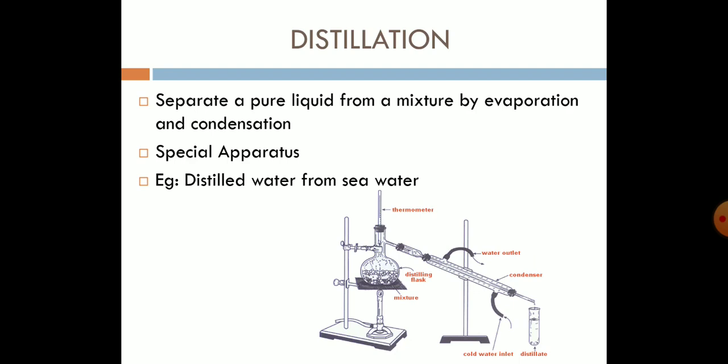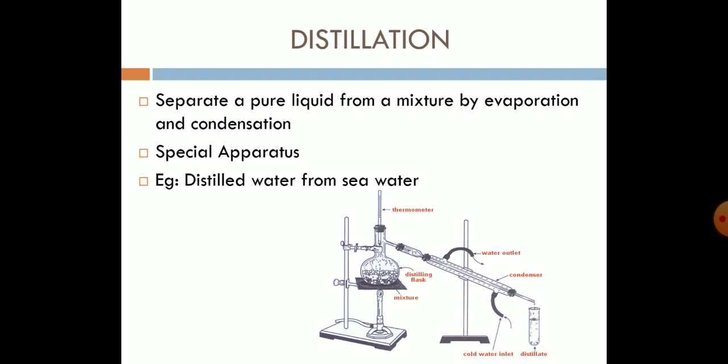Because distilled water will not have any salts, while our normal water, rainwater or river water, will have salts present. We remove the salts through distillation and get only the water. That is why it is called distilled water. Why do we want distilled water for the batteries? Because the salt will deposit on the battery anode and cathode, and they will not conduct electricity properly. So that is why we pour only distilled water.